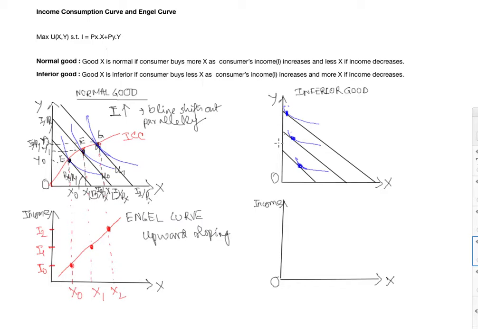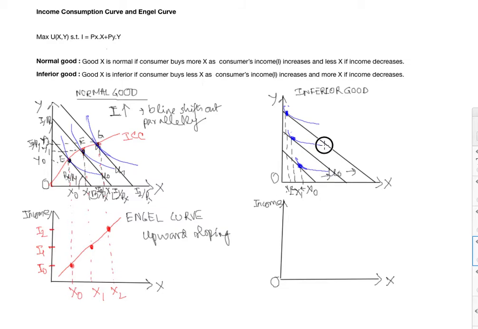Here we have an inferior good, that is the second definition. As the consumer's income is increasing, this budget line shifts up, but the consumer is consuming less and less X. So consumption of X is actually falling, from X0 to X1 to X2.